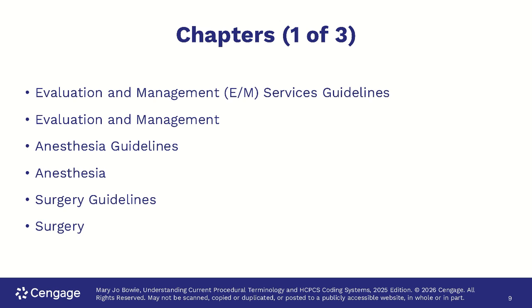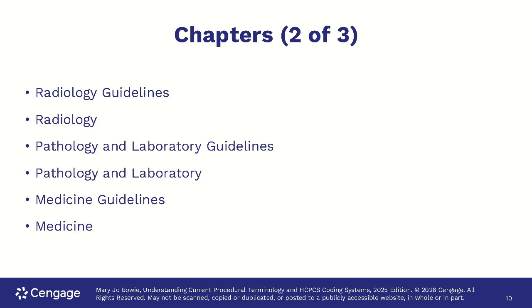Each of those are preceded by the guidelines. And then the remaining 3: radiology, pathology and laboratory, and then the medicine section. So before you assume that the medicine section is about medication, let me just tell you that it is really everything they couldn't capture in the first 5 sections. They threw it over in the medicine section.